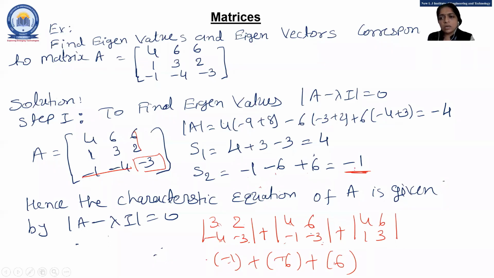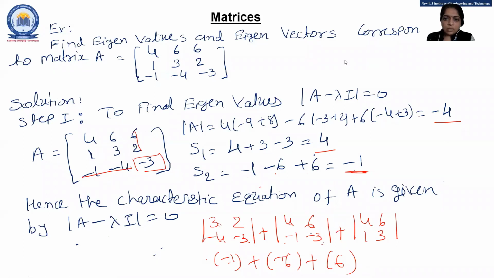Any doubts, students, till this step? Let me know. Okay, very good. So here we get the values of determinant A, S1 and S2.